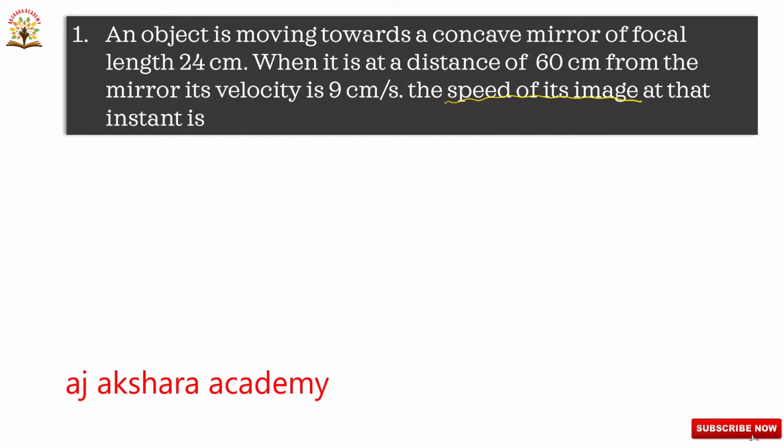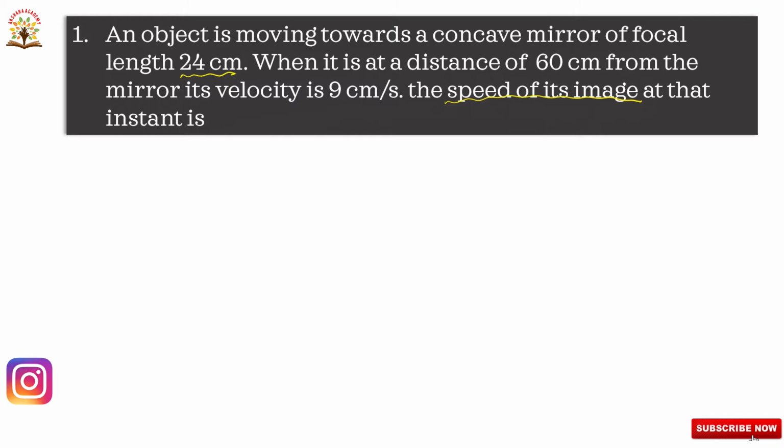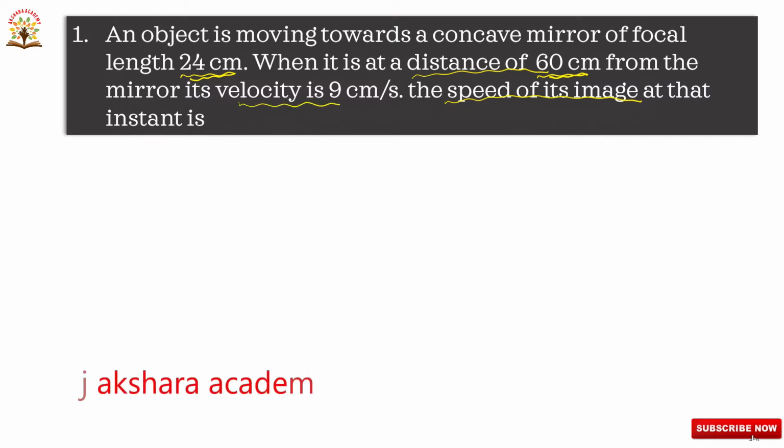Now in this question they have given the focal length f is equal to 24 centimeters, the object distance they have given as 60 centimeters from the mirror, and its velocity they have given as 9 centimeters per second. So now let us go to the solution.